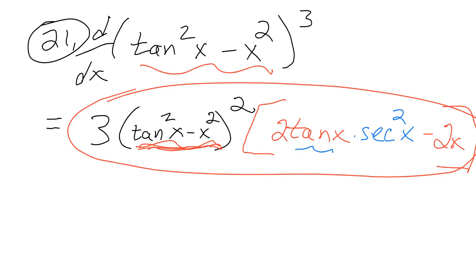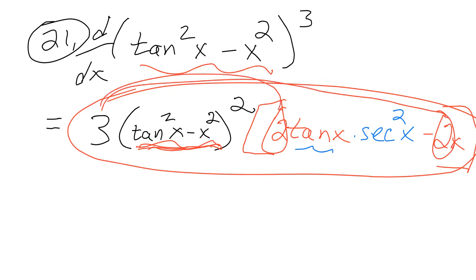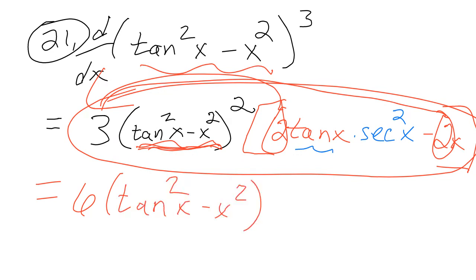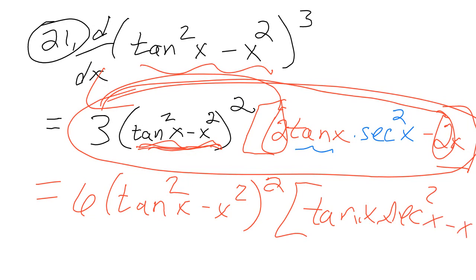So what they did is pull the 2 out front and attach it with a 3, and they made it 6 times tangent squared x minus x squared quantity squared, and then times what's left, tangent x secant squared x, and then minus x, right? So that's all they did for their answer.